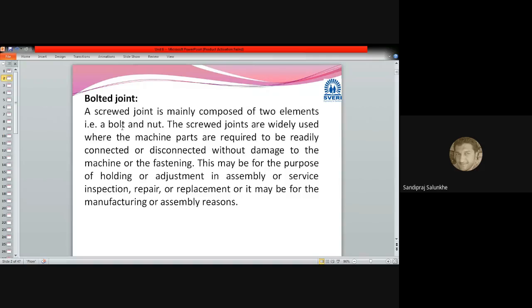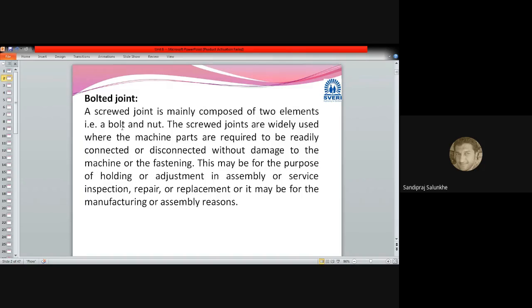So what is a bolted joint? A screw joint or bolted joint is mainly composed of two elements, the bolt and the nut. When these two components are combined together, we call it a screwed or bolted joint.